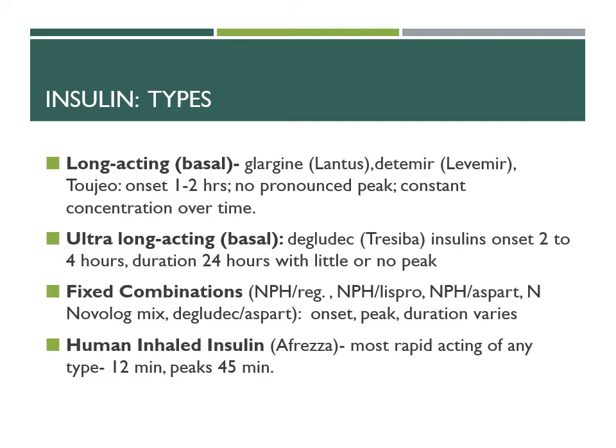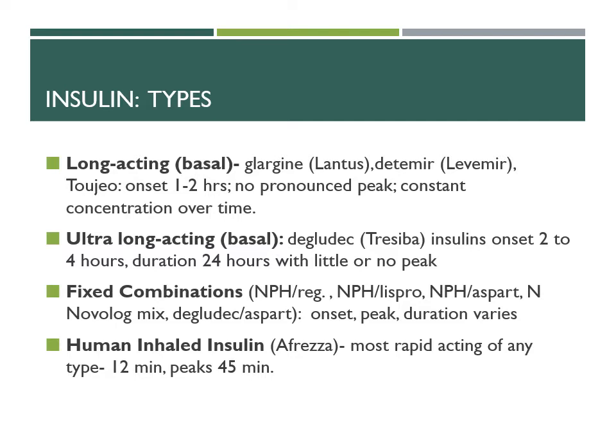One that's considered ultra-long-acting basal insulin is called Tresiba. And that's something that's been very effective. And then we have fixed combinations, and this is the only time that I've really seen any NPH or regular insulin being used in these combinations, which are not as popular because it tends to be more difficult to determine what's actually going on and how to regulate sugars in these combinations.